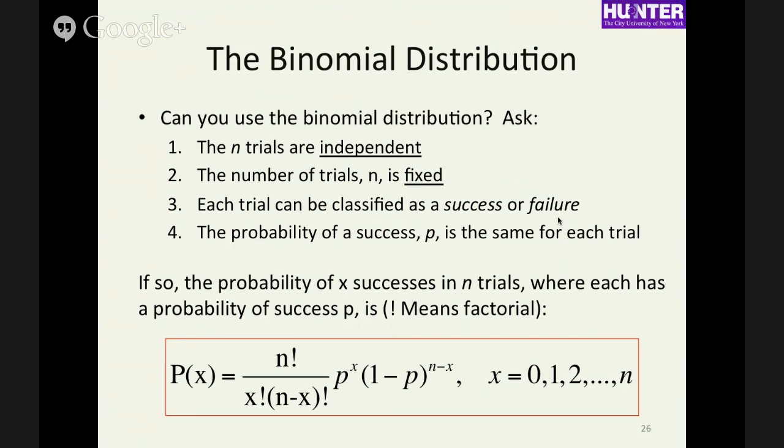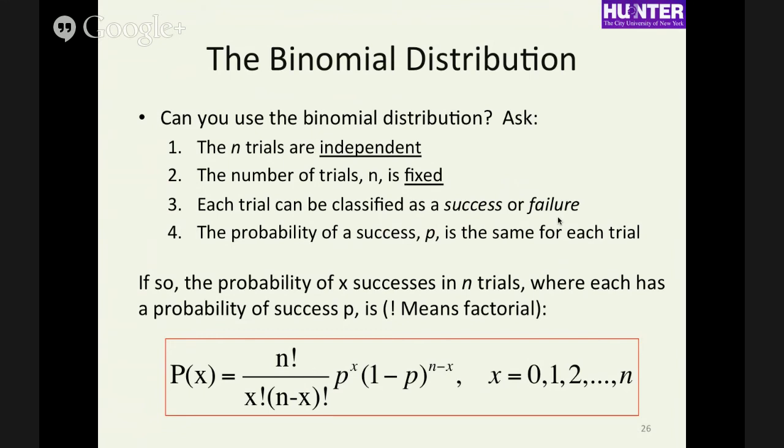That's not binomial distribution. Binomial distribution is I'm going to roll the dice 10 times, or I'm going to observe 100 people. It's not going to be I'm going to collect individuals for my study until we have 100 people with cancer. That violates number 2, that the number of trials is fixed, and your distribution would not be given by the binomial distribution.